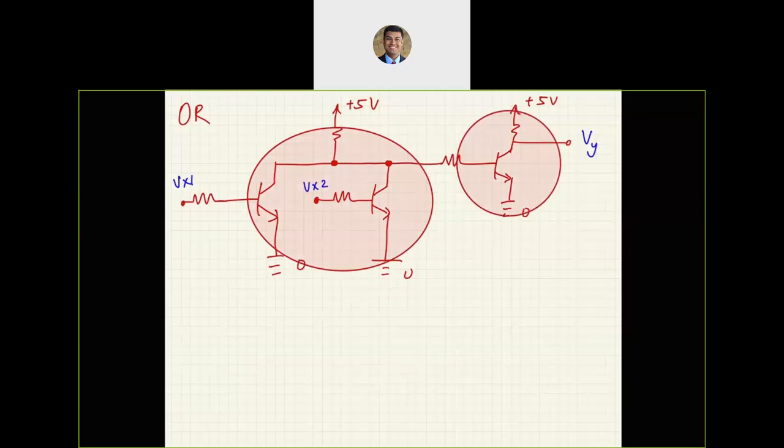So that's NOR and this is NOT. One after the other gives us an OR gate. So this is a two input OR gate. If we had a three input OR gate, we would have one more transistor in parallel over here. We still need the NOT functionality.